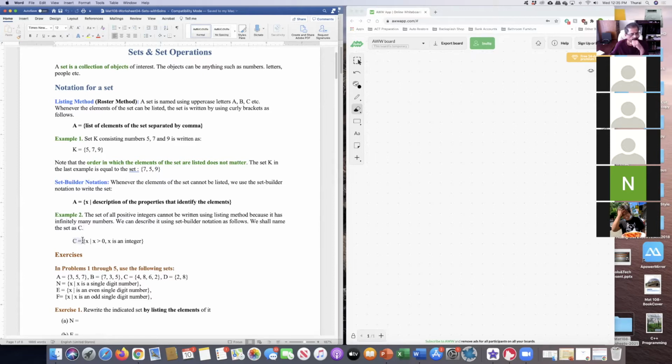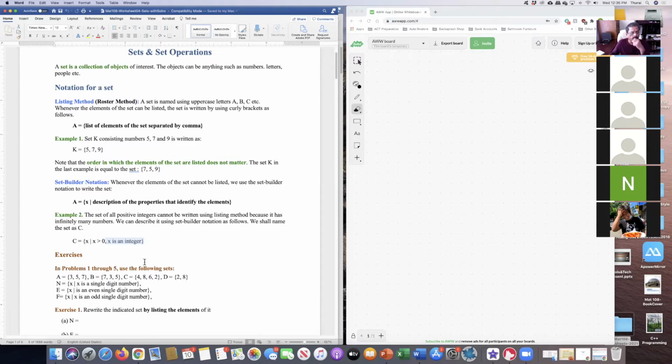C equal to. C is just a name. You can make up any name, A or B or C, doesn't matter. Set of all X such that X is greater than 0, X is an integer. So all the numbers are supposed to be positive integers. So there are two rules, positive and then integer. So you write down those rules.